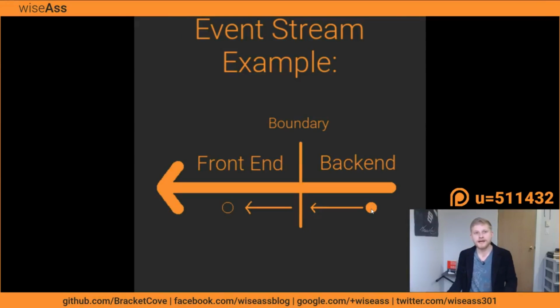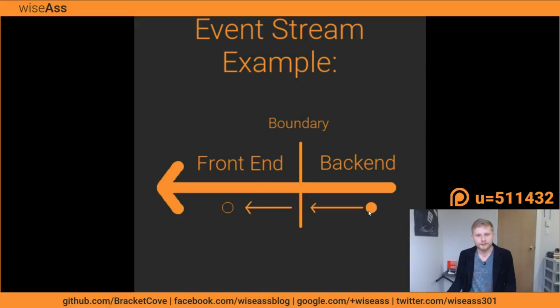So let's say our Retrofit adapter calls back with data, or a database returns data. It creates an event stream where that event starts here in the back end. It'll flow through the architecture. Maybe you should have a boundary between your back end and your front end.